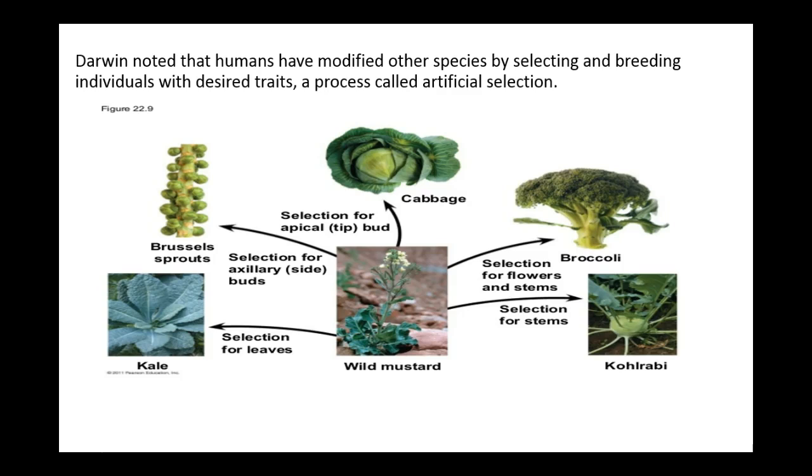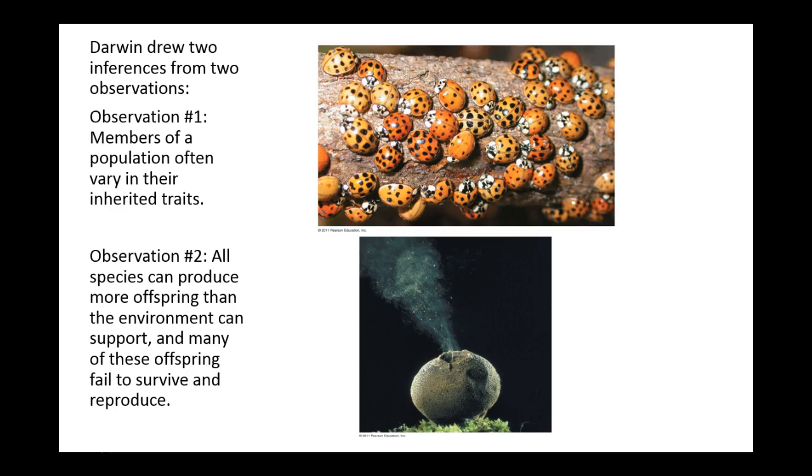It's just that people who have bred this wild mustard have taken different aspects of it and exaggerated it into these plants. So artificial selection was very well known and used at that time.